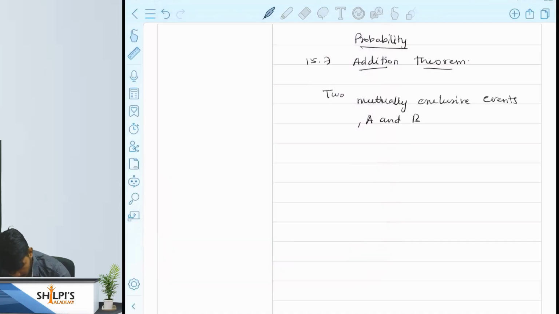Exclusive events are the events that will not have common possibilities.